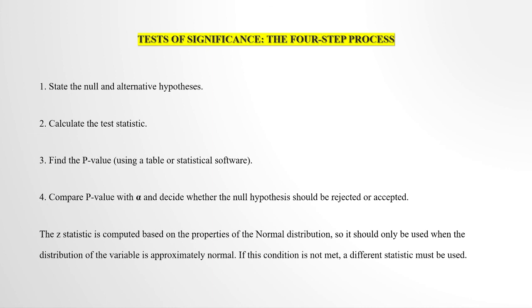Then we compare this p-value with alpha and decide whether the null hypothesis should be rejected or not. Now the Z statistic is computed based on the properties of the normal distribution, so it should only be used when the distribution of the variable is approximately normal. If this condition is not met, a different statistic must be used.